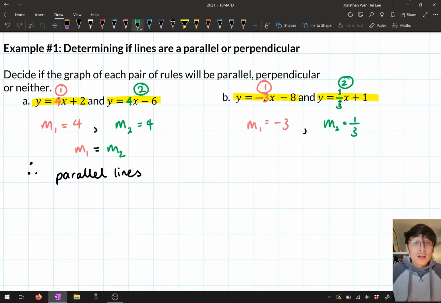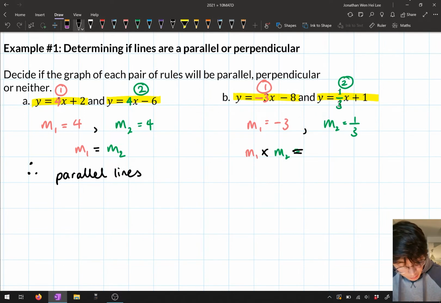Here, we can immediately tell that these are not equal. Negative 3 and a third are not equal. So what we want to check is if we multiply them, will it give me negative 1? So I'm going to write m1 times m2, which is equal to negative 3 for m1 times 1 over 3 for m2.